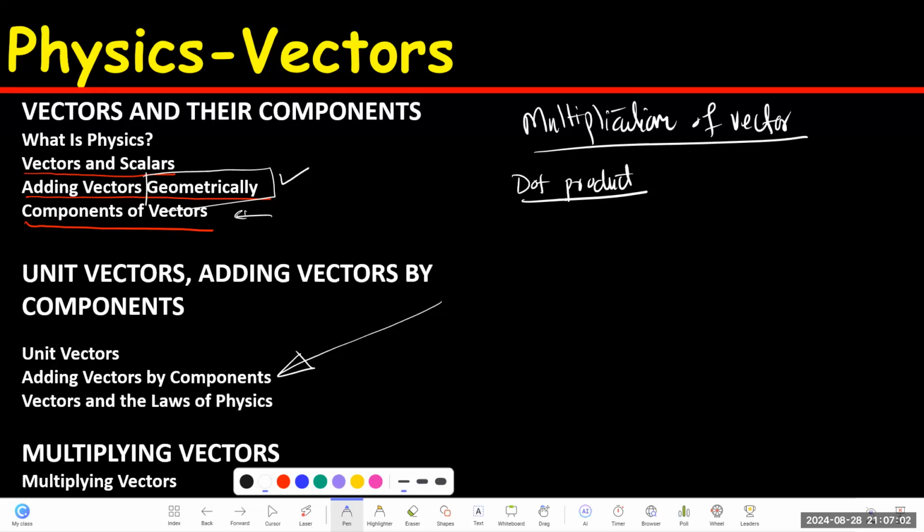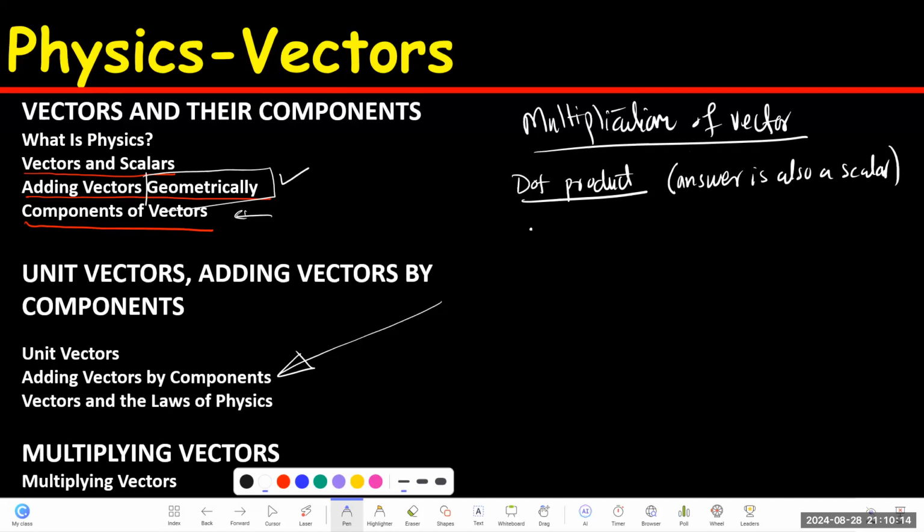When you multiply two vectors in a dot product, the answer is also a scalar. Remember, we don't care about the direction; we're just multiplying the two vectors' magnitudes.